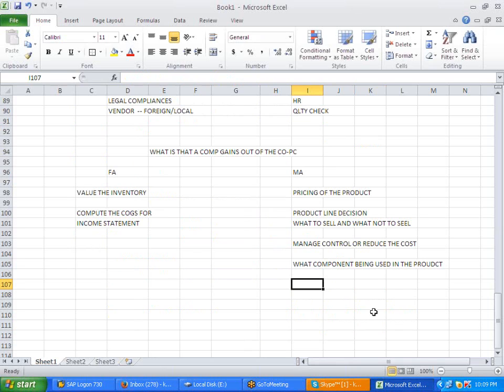Costing more, right? What product is influencing the cost? Or what component should be substituted or replaced to reduce the cost? I can do that, right?